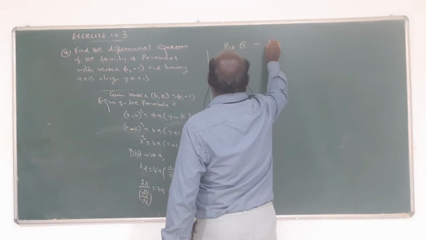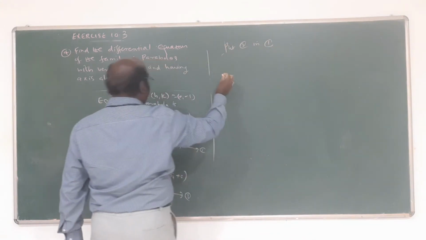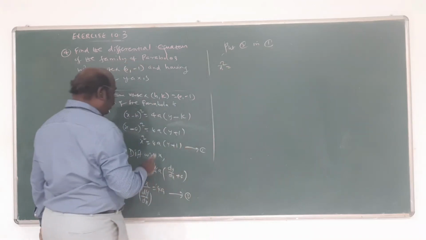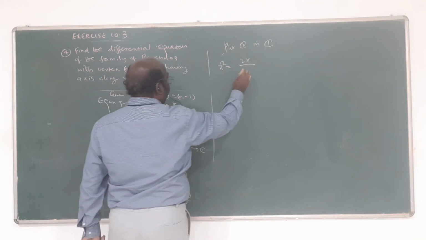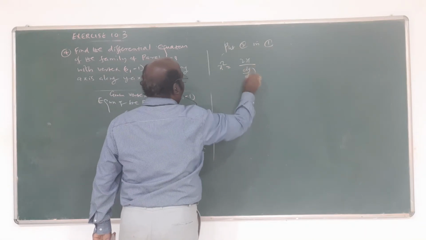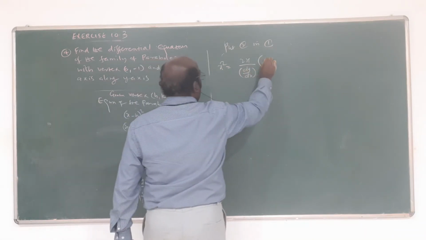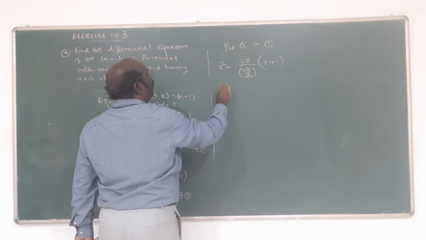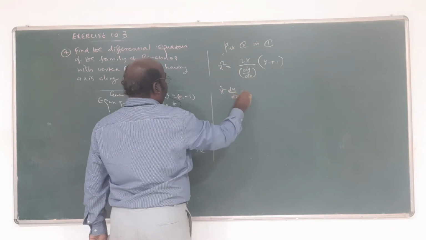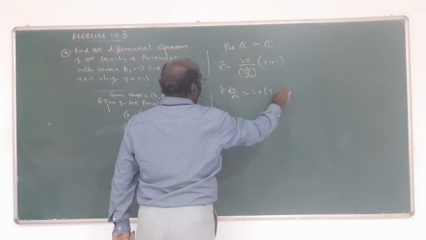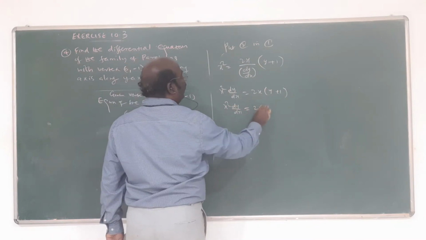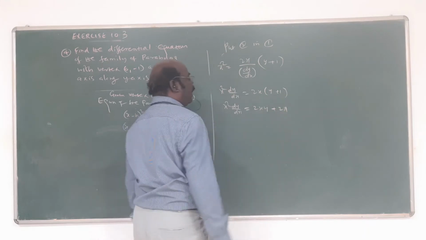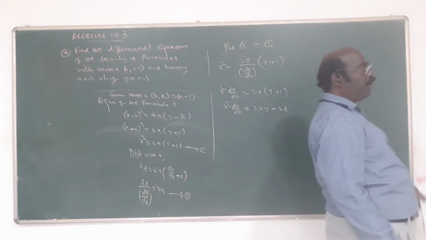Left hand side x square, right hand side is 4a, which is 2x divided by dy by dx, into (y plus 1). Cross multiply: x square dy by dx equal to 2x into (y plus 1). Multiplying out, x square dy by dx equals 2xy plus 2x. This is the third equation.